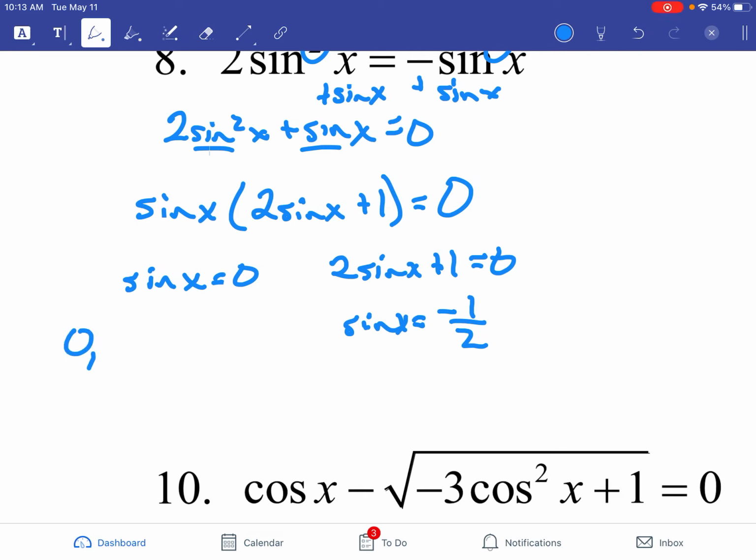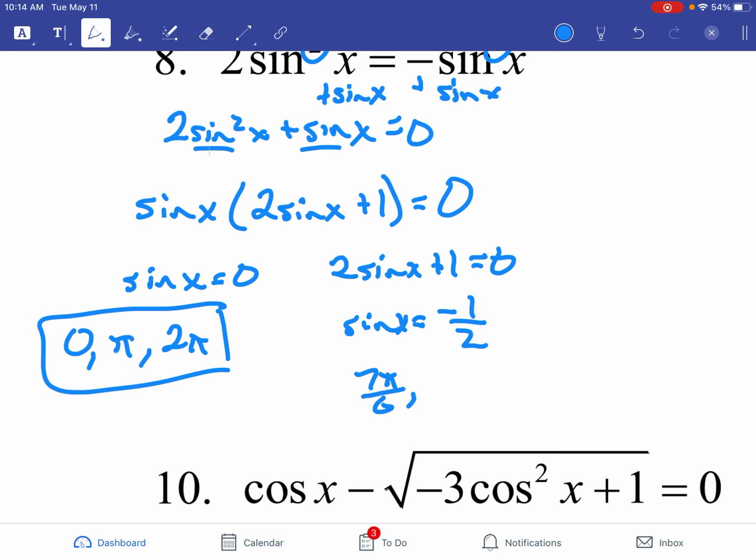There is 0 pi, there is 1 pi, and there's 2 pi. 2 pi and 0 pi are coterminal, but they're still in one rotation around the unit circle. That's those 3. Then sine of negative 1/2, so all the values where y is negative 1/2, there are 2 of them. It is at 7 pi over 6, and it is 11 pi over 6.